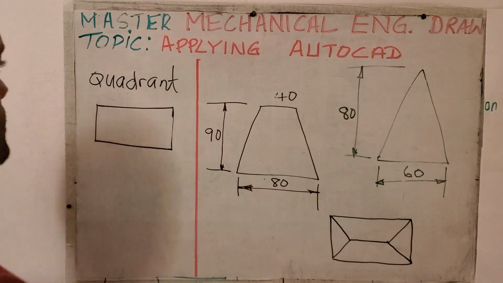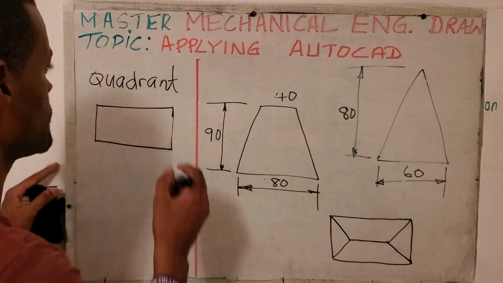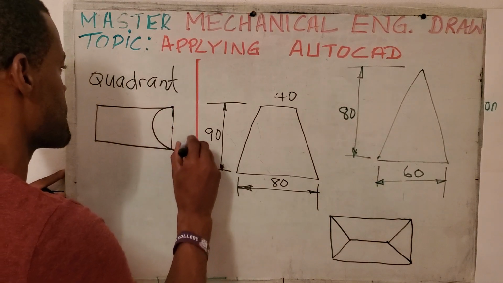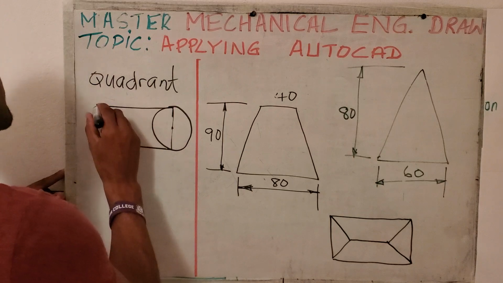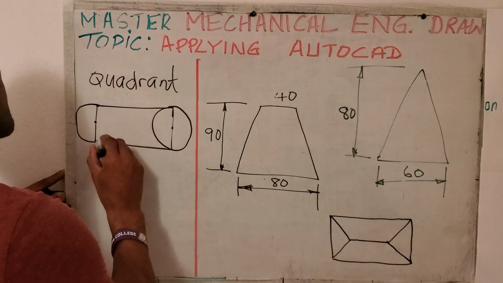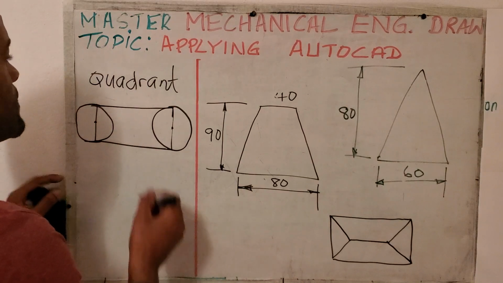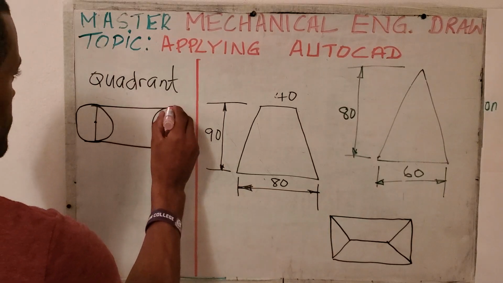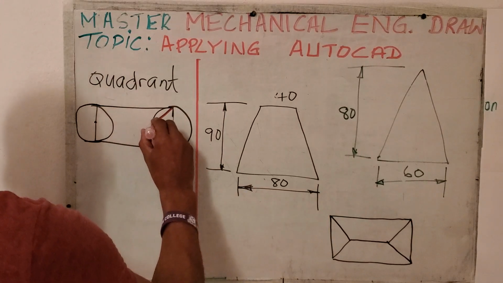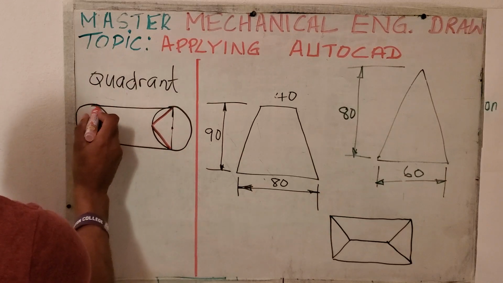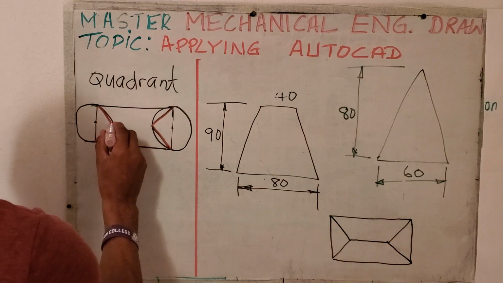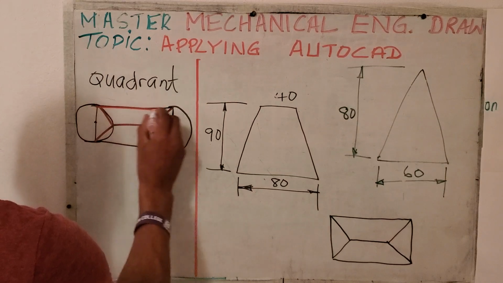REC, length times width. Then we draw a circle here as center. Then draw a line from here onto the node here. One there. Line from here onto the node there. Then we join this. Then brighten up.